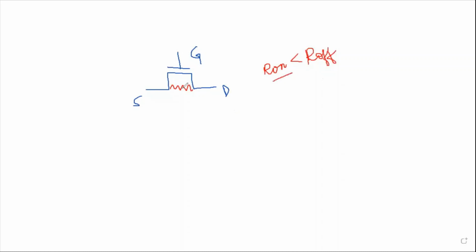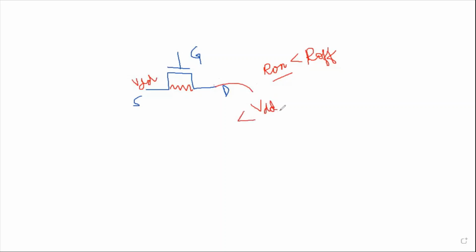Because of this, look at the voltage available at this terminal. If I apply VDD here and this is on, due to the low resistance it has, there will be a certain drop, and the voltage available at this drain terminal would be somewhat less than VDD.